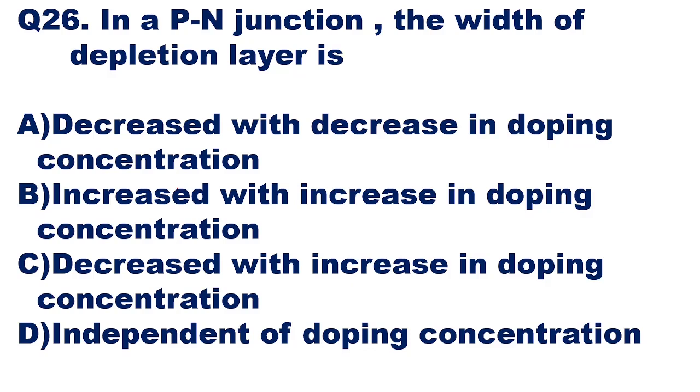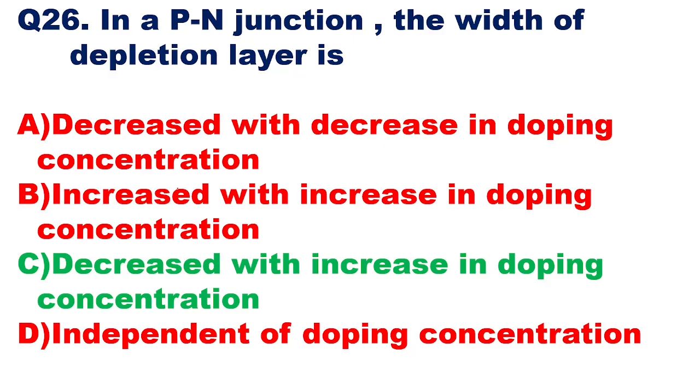We know from the theory of p-n junction doping that when the p-n junction is doped heavily, that is when the doping is more, the width of the depletion layer will decrease. So option C is the right answer. The width of the depletion layer decreases with increase in doping concentration.